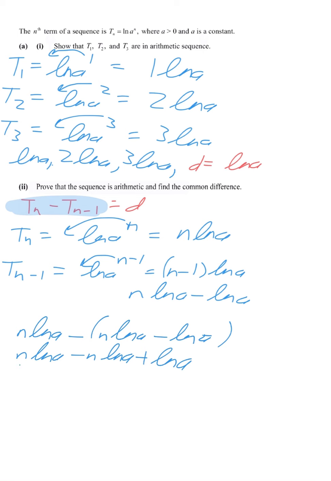The n ln a cancels. So we're left with ln a, which is our difference from the first part. So we've proved that we have an arithmetic sequence. Also, because we're getting a constant at the end of it, ln a is a constant, that means we've proved that it is an arithmetic sequence.